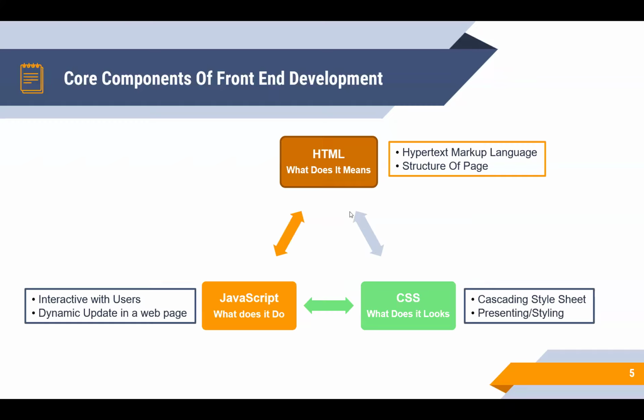CSS is about how your web page looks, how you can create a beautiful page, how you can give style to any component. All the styling, colors, and transitions we can create with the help of CSS. It is called Cascading Style Sheets, and it is useful for presenting and styling.